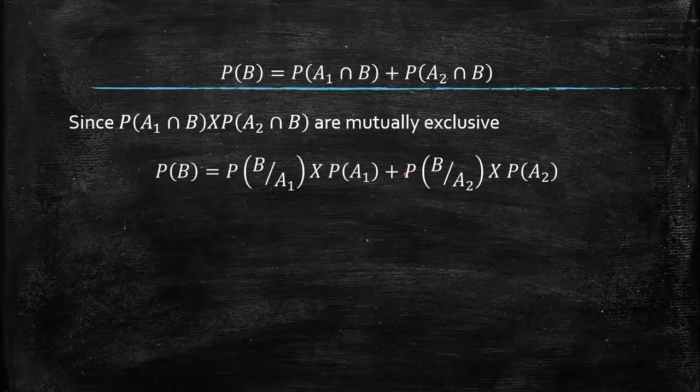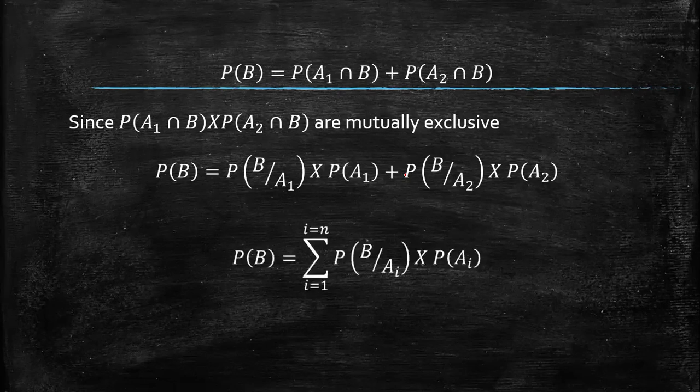Then A2 intersection B changes to the probability of B given A2 times probability of A2. Taking us back to the other diagram we had, where events A1 and A2 are happening and then leading to B happening. So that will be it. That is Bayes' theorem.